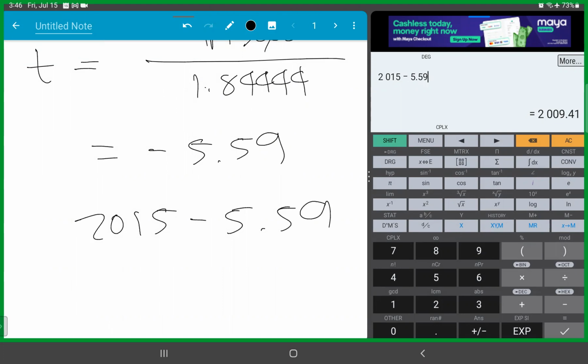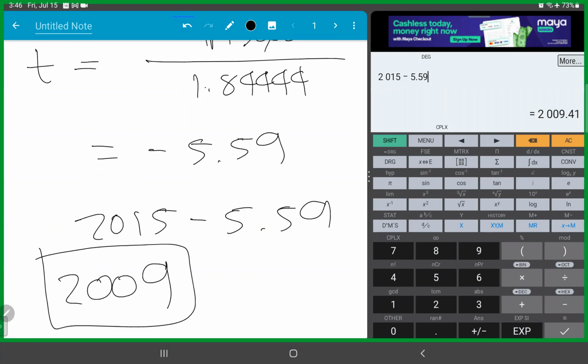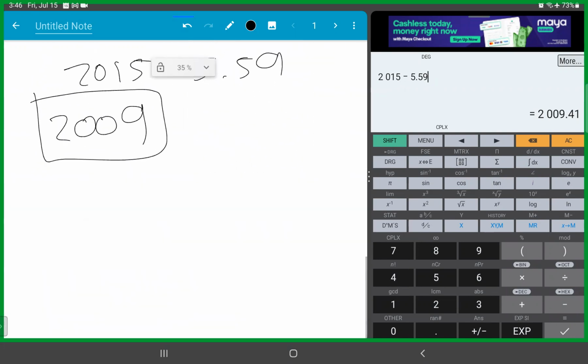So if you are asked for just the year, 2009, when was it introduced? Hindi naman hihingin yung exact month, no? Kasi may 0.41 ka pa. So you just have to round it off to the year. Okay? The round down, kasi kahit na 2009.9, year 2009 pa rin yan, di ba?